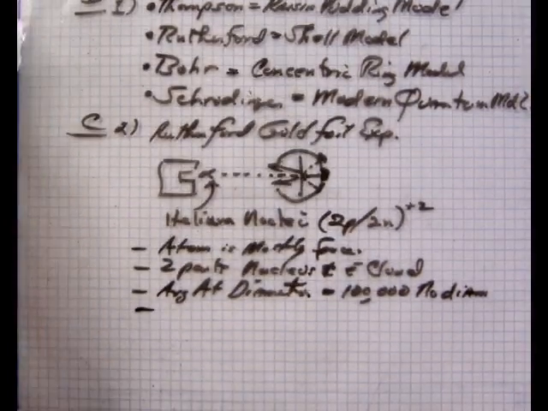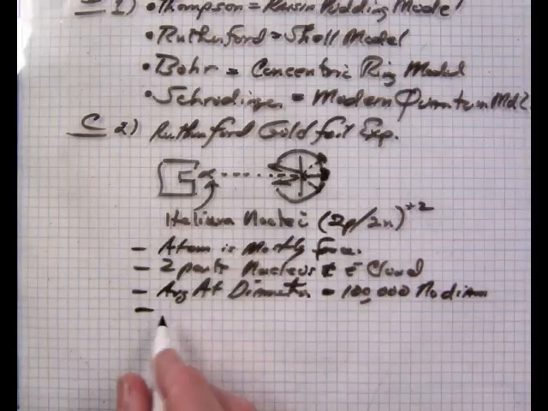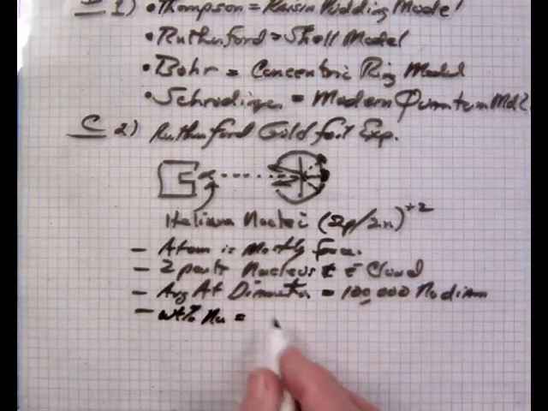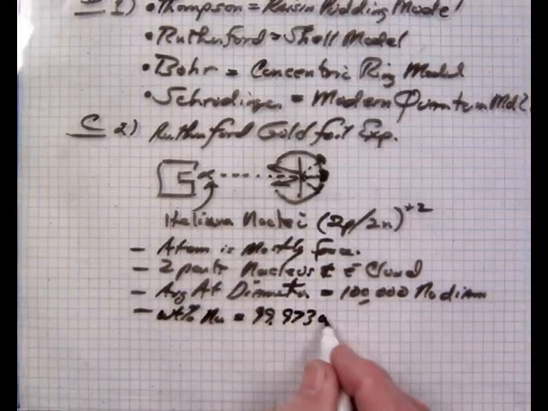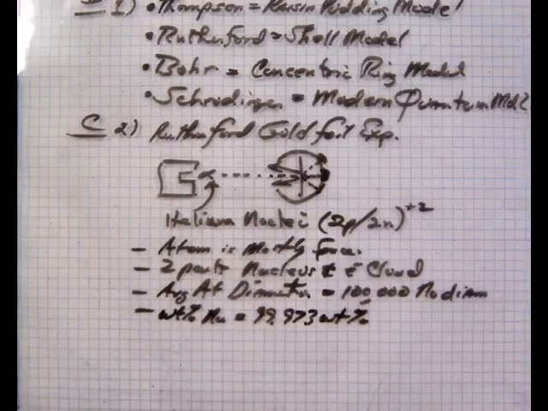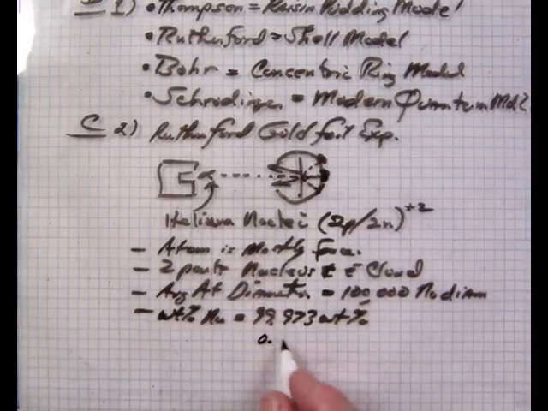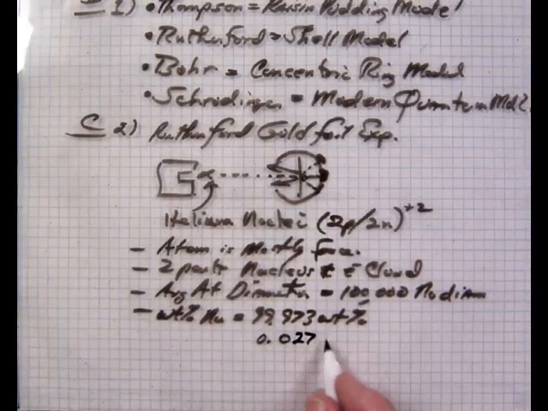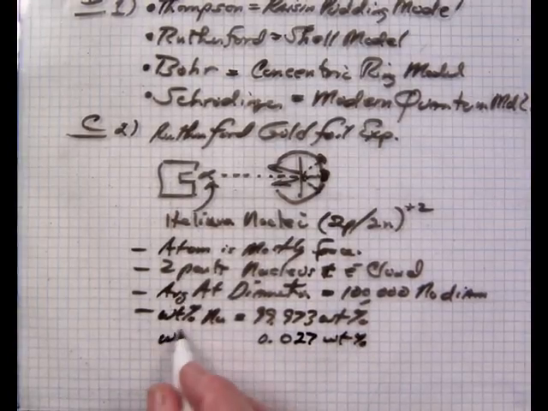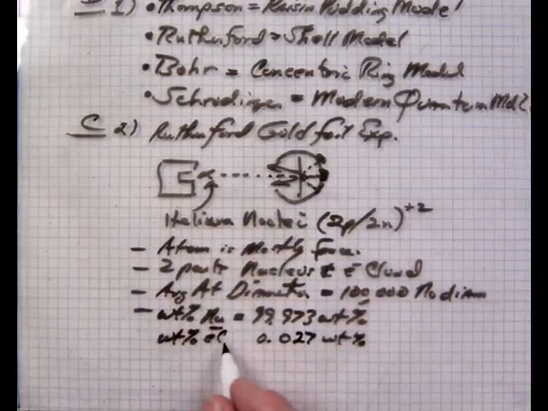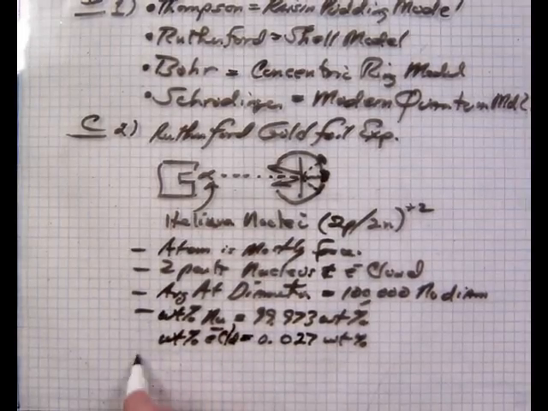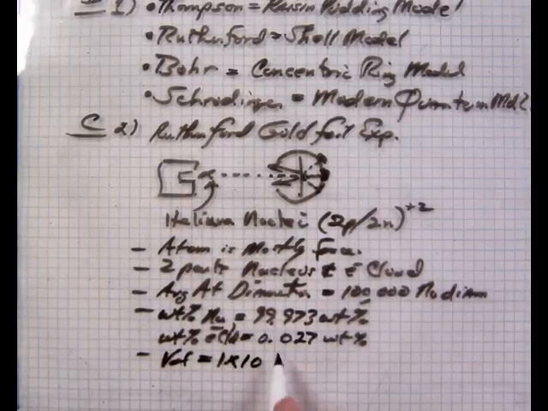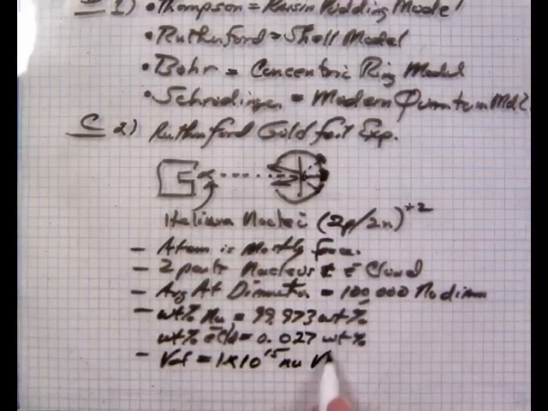The nucleus constituted 99.973 weight percent, and so the electron cloud is 0.027 weight percent. Like that, and the volume is 1 times 10 to the 15th nuclear volumes.